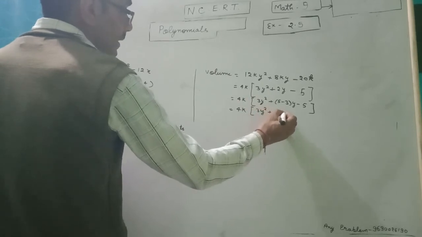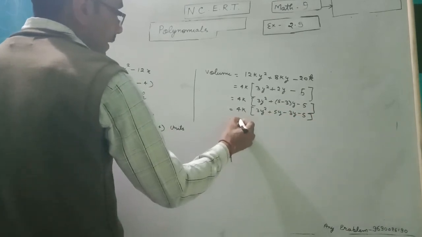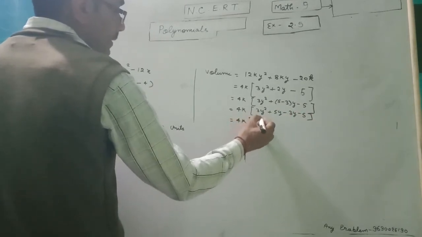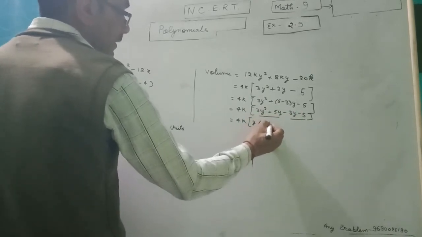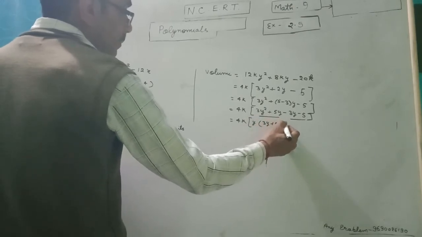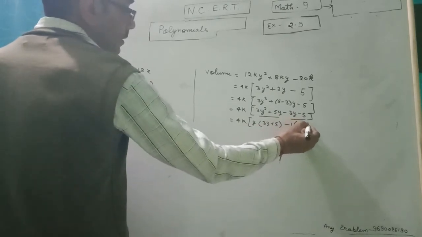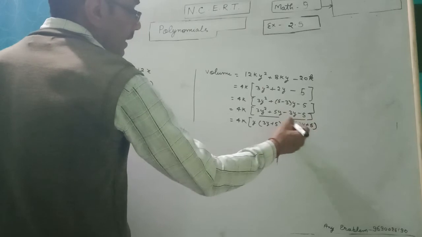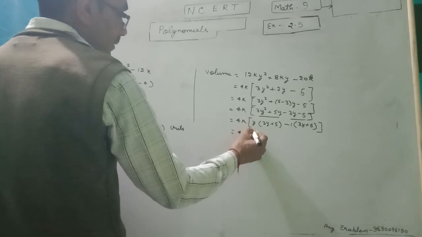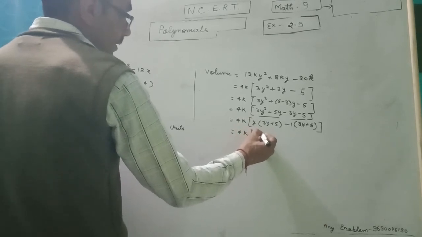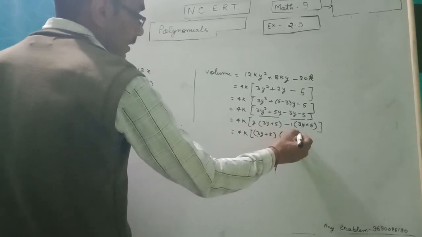Make the pair to take the common: y(3y + 5), after common -1, (3y + 5). Minus minus plus. 4k, (3y + 5) and (y - 1).